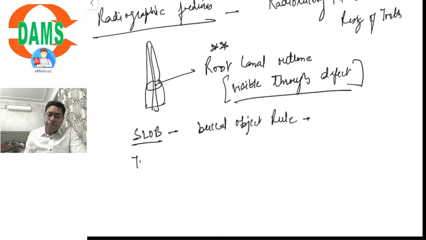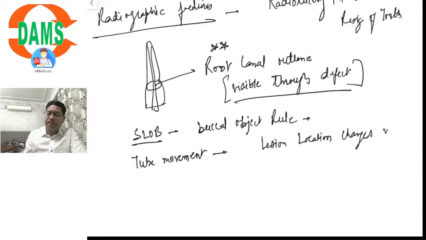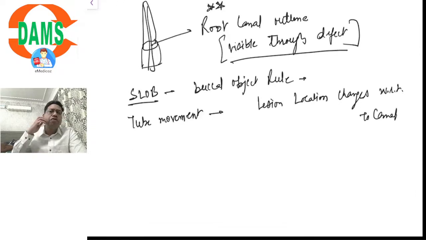So tube movement: when we take X-rays from different angulations, the lesion location changes with respect to the canal. When we shift the position of the cone mesially or distally, the location of the lesion with respect to the canal would also change. So these are the two things which help in distinguishing external cervical resorption.